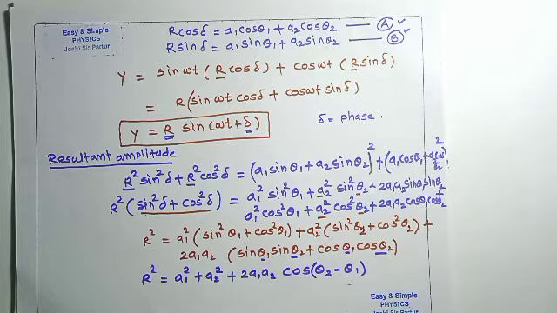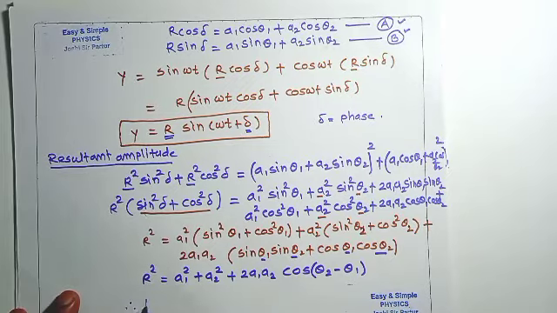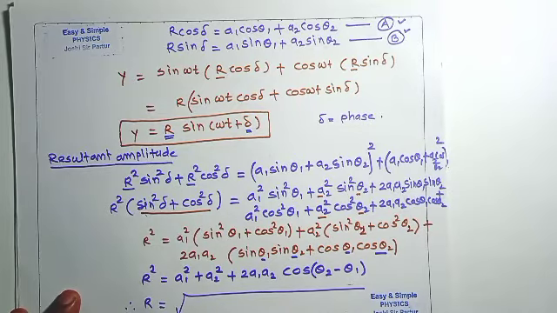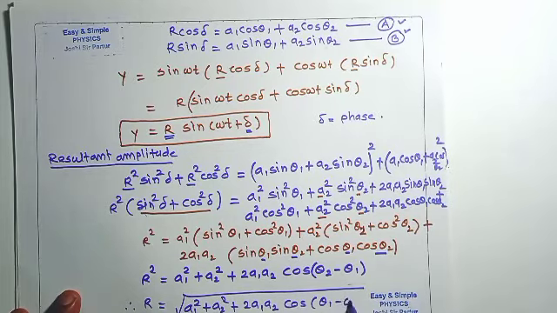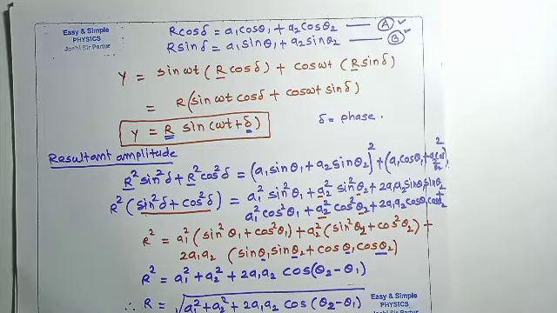Therefore the resultant amplitude will be a1 square plus a2 square plus 2 times a1 a2 cos of theta 2 minus theta 1. This is also called the cosine rule.